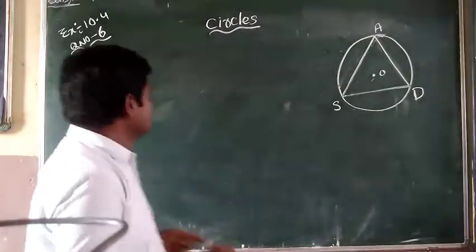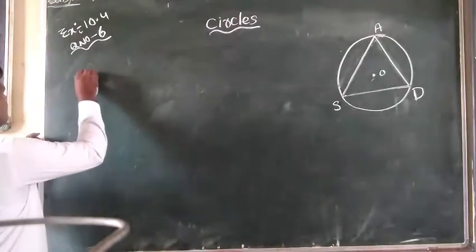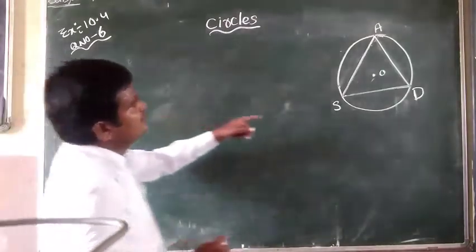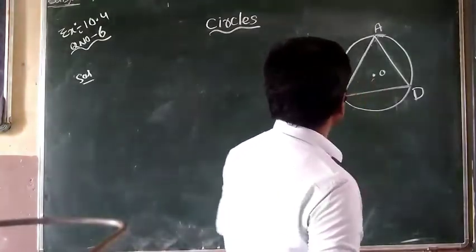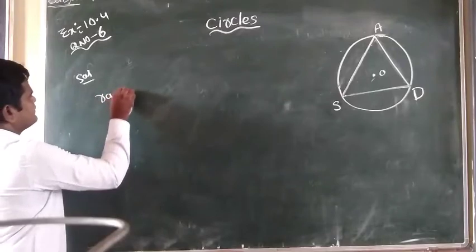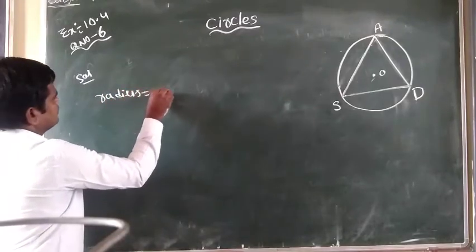So here, coming to the solution. The radius of the circle is equal to 20 meters.